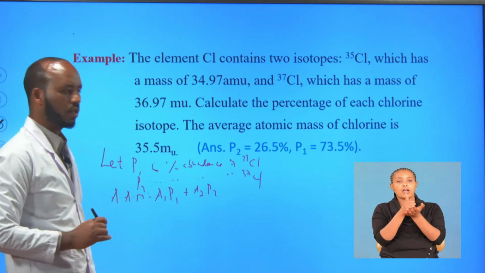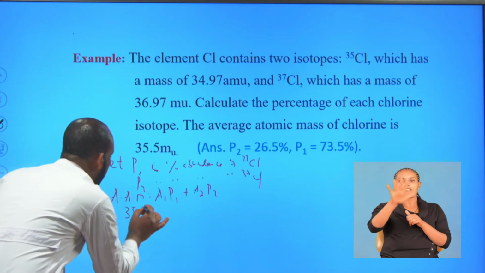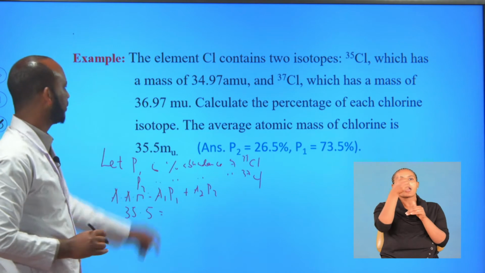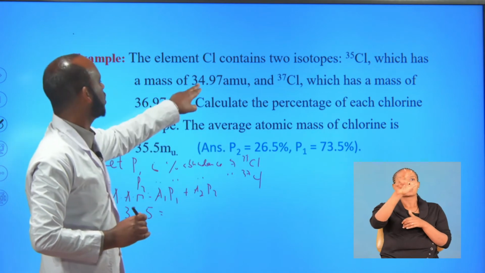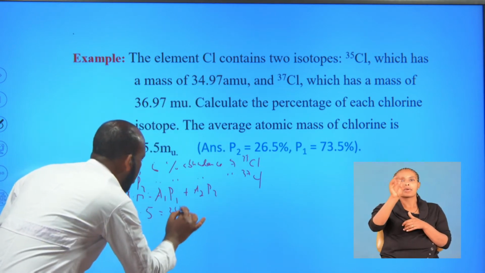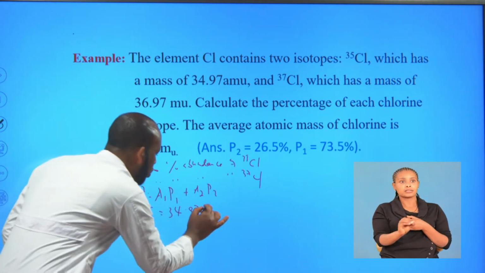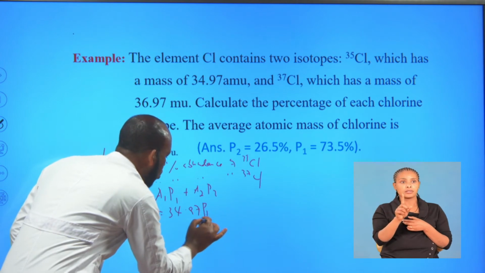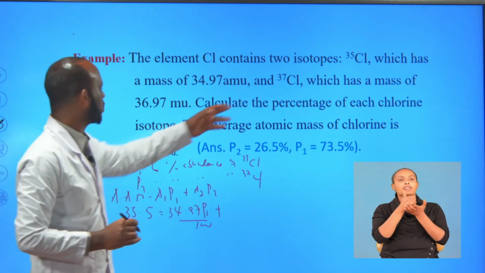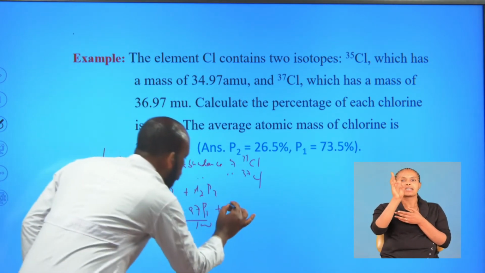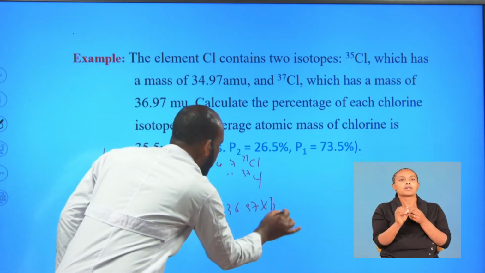Average atomic mass of chlorine is 35.5, equal to A1, the atomic mass of chlorine 35, which is 34.97, times percent abundance 1, which is P1 over 100, plus A2, the atomic mass of chlorine 37, which is 36.97, times percent abundance 2, which is P2 over 100.